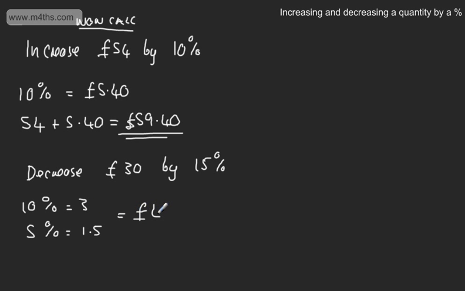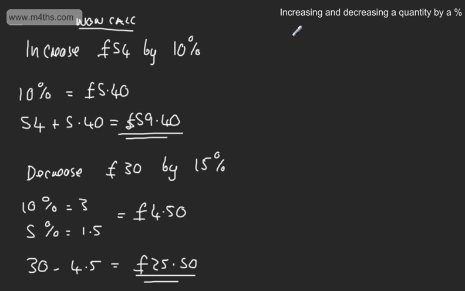So we would now take £4.50 off 30. So it'd be 30 minus 4.5, which would give us £25.50. So all I've done is decreased £30 by 15%, first by finding 15% and then subtracting it. So those are examples of non-calculator questions. Let's look at a calculator question.